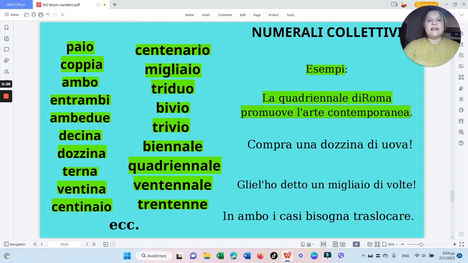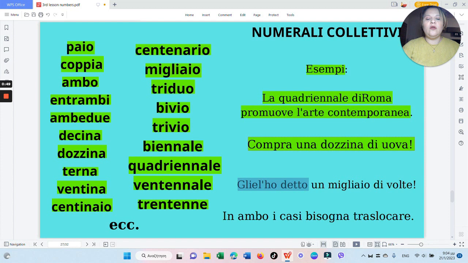Quadriennale is numerale collettivo, and it means 4 years, 4 yearly. Compra una dozzina di uova. Compra, buy, una dozzina, a dozen, di uova, of eggs.